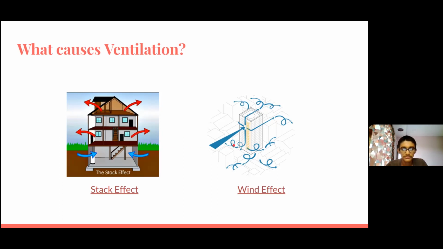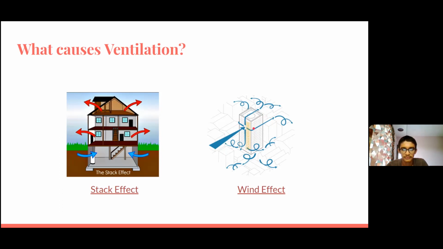The other one is the wind effect. Basically, it's caused by pressure differences that are formed due to moving air. As you can see, in case of a skyscraper that blocks wind flow, the windward side of it causes a high pressure region, whereas the leeward side of it causes a low pressure region.